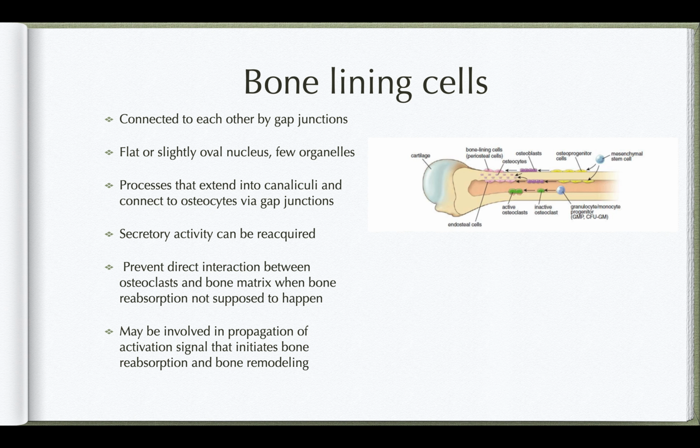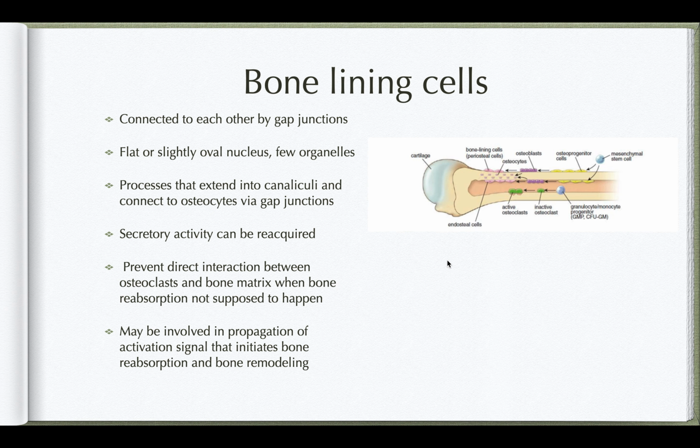Okay, so bone lining cells line the bone, and they are connected to each other by gap junctions. They have a flat or slightly oval nucleus, and they have very few organelles because they're quiescent. The processes will extend into the canaliculi and connect to osteocytes via the gap junctions.